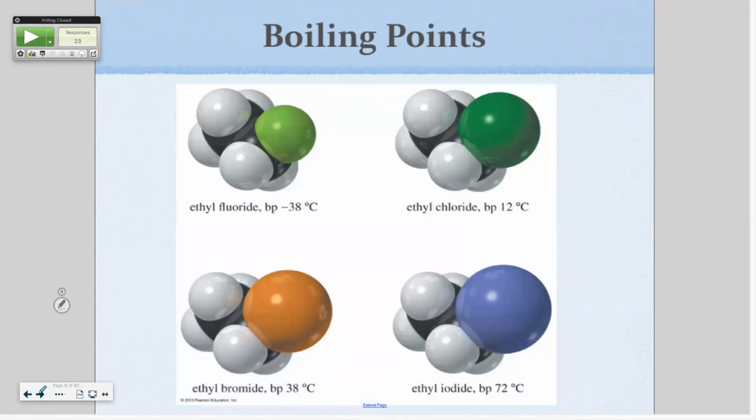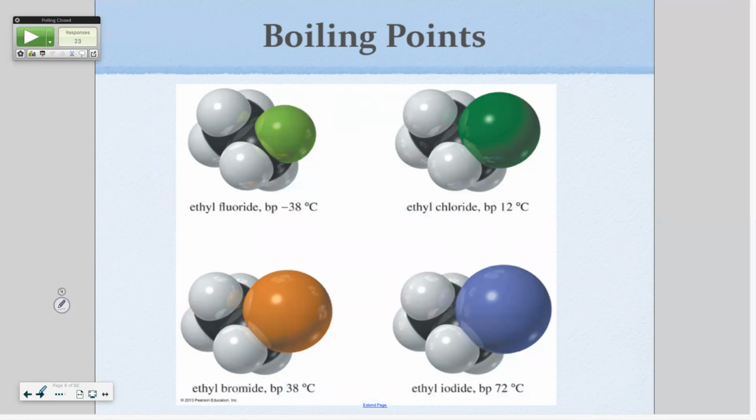All right, so here are the boiling points. Ethyl fluoride's boiling point is minus 38, so at room temperature it's a gas. Ethyl chloride boils at 12, so at room temperature it's a gas.